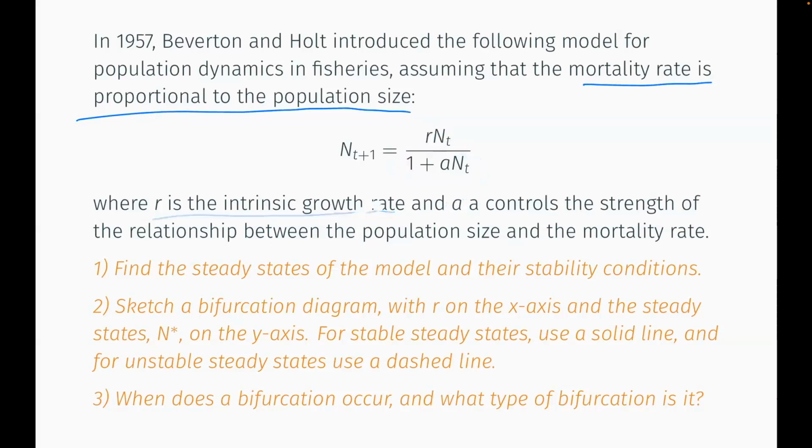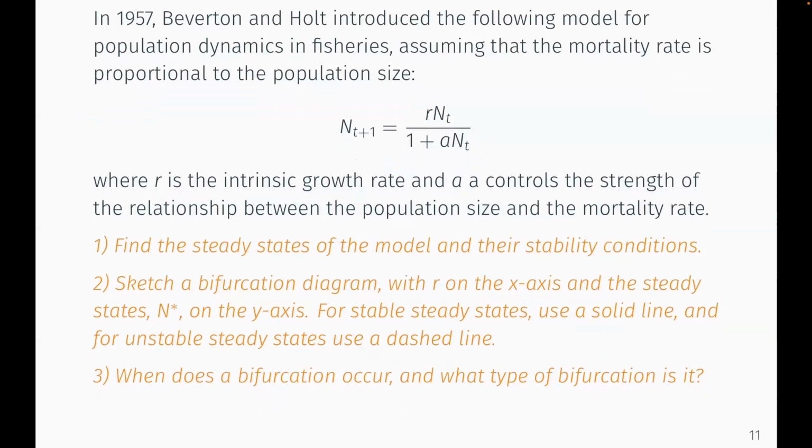Okay, so the other day we looked at how to find steady states and their stability. So I want you guys to, first of all, find what the steady states of this model are. So remember, if this is my f of N_t, steady states are when we have N star equal to f of N star.